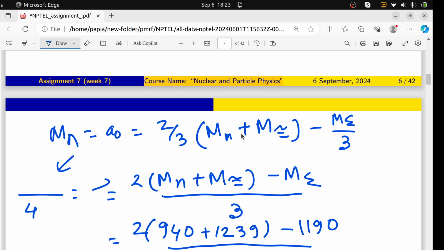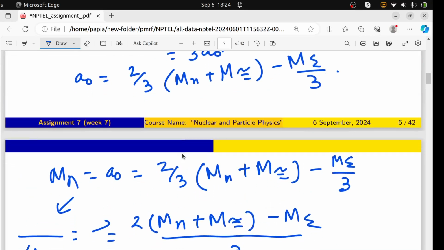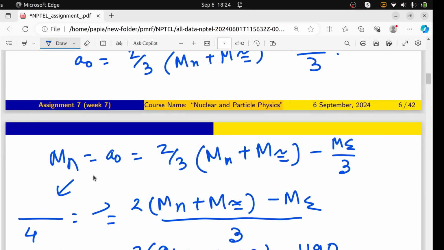If some other expressions are given in terms of other masses, it's better to remember only one general expression and derive from that. This one is only acceptable if m delta, m_N, m sigma and m cascade are given.